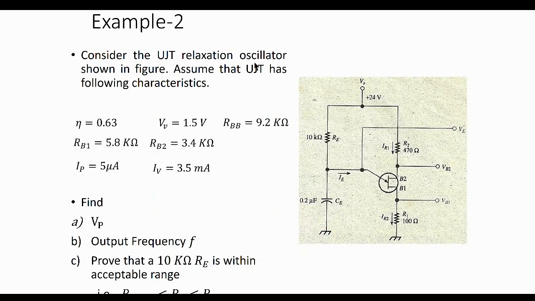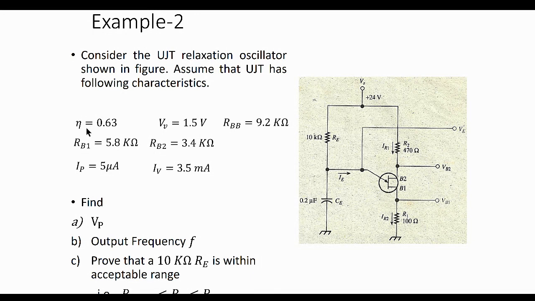All right, so consider the UJT relaxation oscillator shown in this figure. This is it. Assume that the UJT has the following characteristics. By the way, these characteristics you can get from the data sheet for this device. If you just put in the device number, say in a Google search, you get the data sheet.